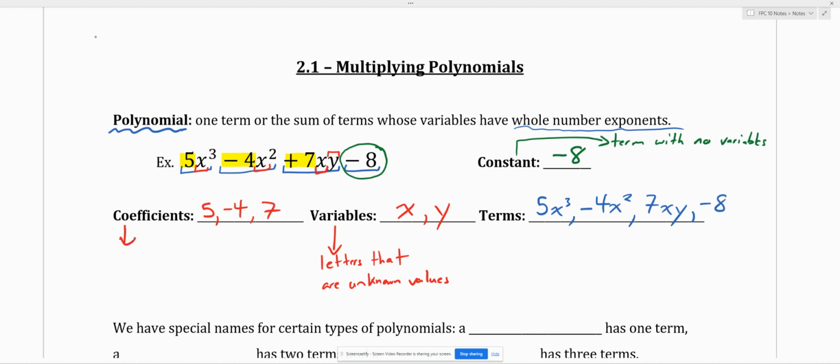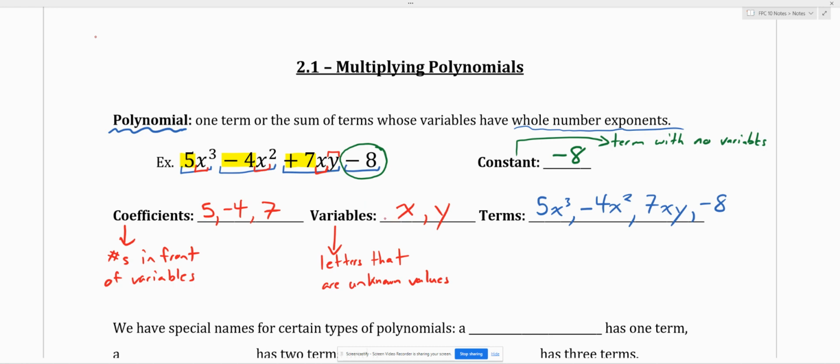And just to put a quick definition, what's a coefficient? Loosely, it's the numbers in front of variables. It's multiplying the variables, okay? Sometimes called a multiplier, numbers in front of variables. So one way to think of it is this represents 5x cubes and negative 4x squareds and positive 7xy's.